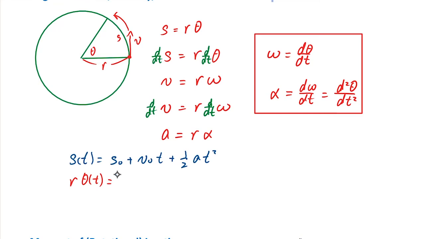And then S is R theta original, plus V t. Where is V? V is R omega. So we have R omega original t plus 1/2 A t squared, and A happens to be R alpha. I believe I forgot the t over there.